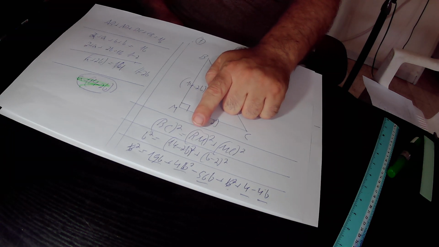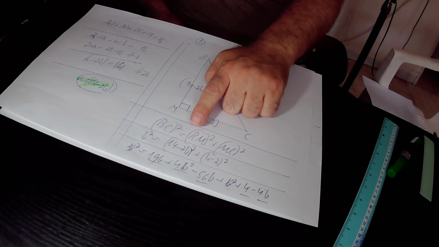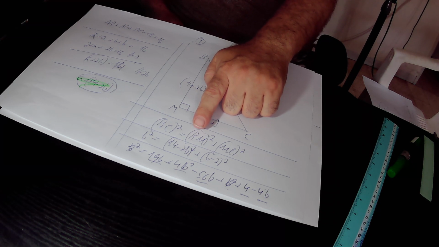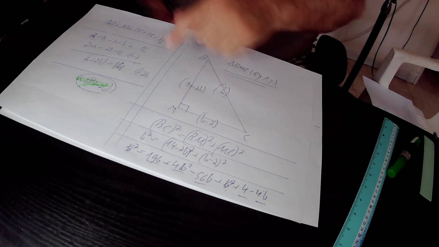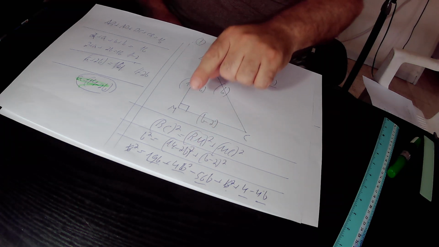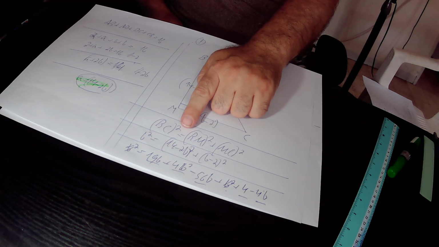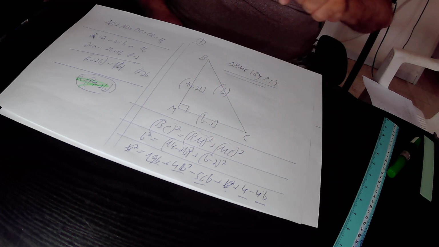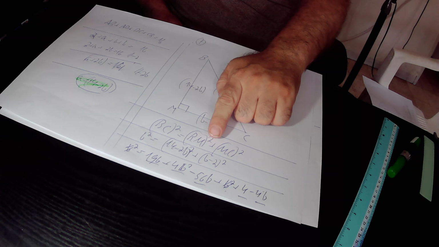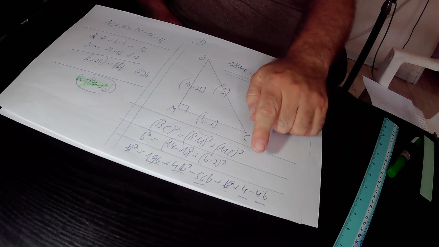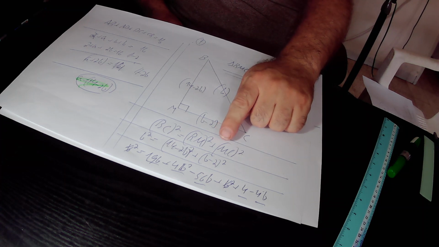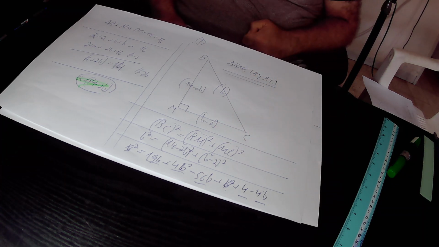(14 minus 2B) squared equals 14 squared, that is 196, plus (2B) squared, which is 4B squared, minus 2 times 14, that is 28, times 2B, which is minus 56B. And we also add (B minus 2) squared. (B minus 2) squared equals B squared plus 2 squared, that is 4, minus 2 times B times 2, that is minus 4B.